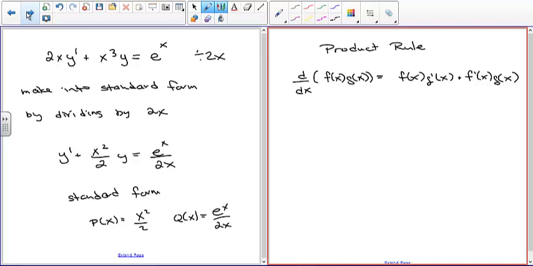So the left-hand side looks like the right-hand side of the product rule, except I don't have an f of x. What I'm trying to do is take this equation and fit it into looking like the right-hand side, so I can combine these two terms into one term, like I would do going the opposite way with the product rule. So that's the concept.